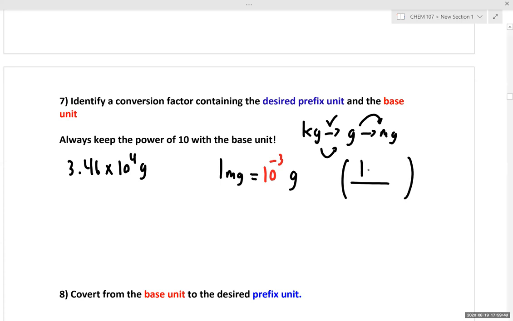So we have 1 milligram. And what unit are we trying to cancel? What unit goes on the bottom? Grams. But that grams has a power of 10 associated with it. We have 10 to the negative third gram per milligram. Perfect.